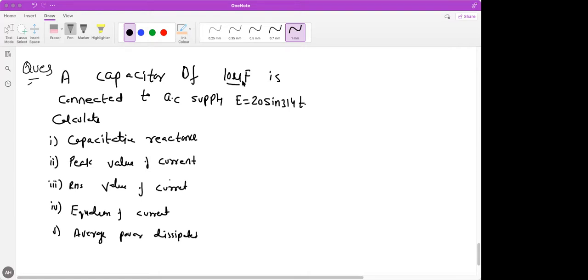So it will be 10 raised to minus 5 in the numerator. Check your calculations.